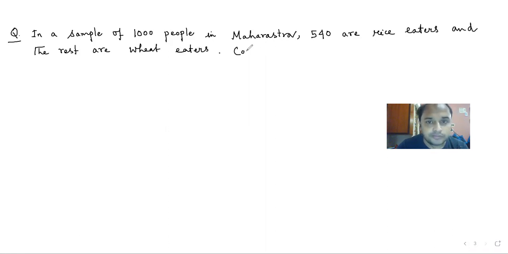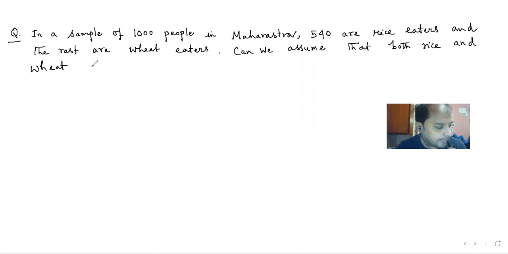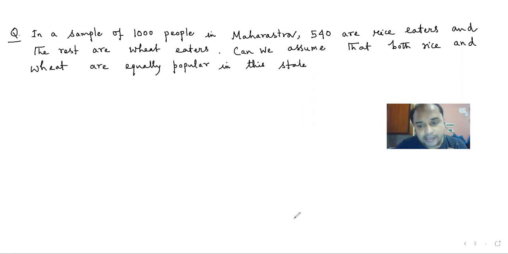Can we assume that both rice and wheat are equally popular in this state, and here a new term has been introduced in the problem, in this state at 1% level of significance.